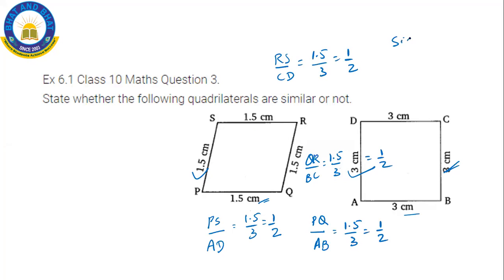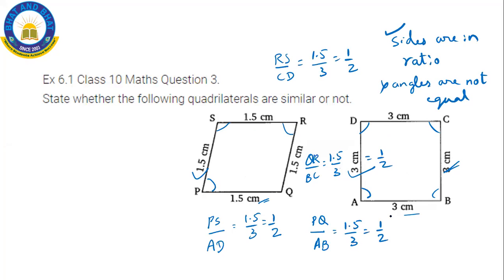That means the sides are in ratio. This is true. But when we observe, the angles are not equal. So that is the difference we find here. This condition is not satisfied.